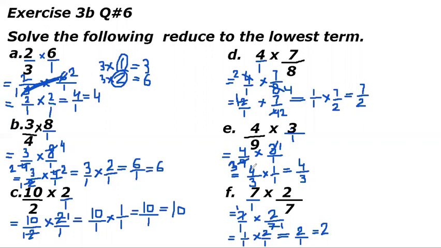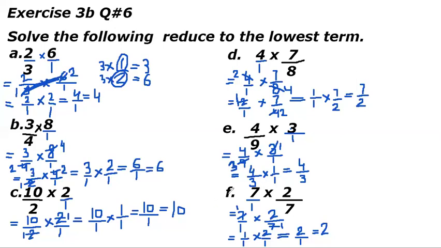Now we have got the new fraction 4 upon 3, multiplied by 1 by 1. In the next step, we will multiply: 4 times 1 gives us 4 and 3 times 1 gives us 3. 4 upon 3 is our answer.